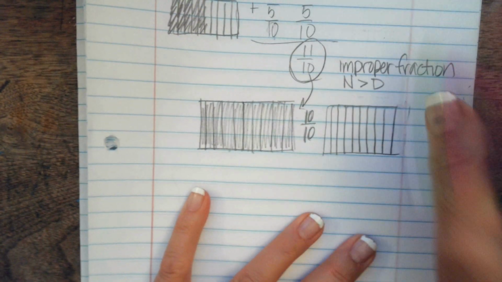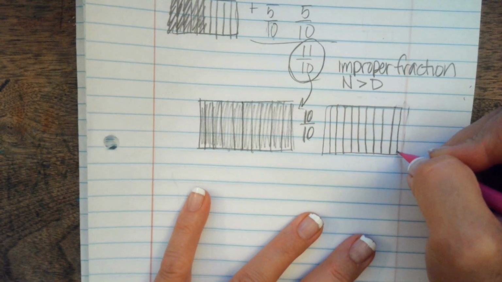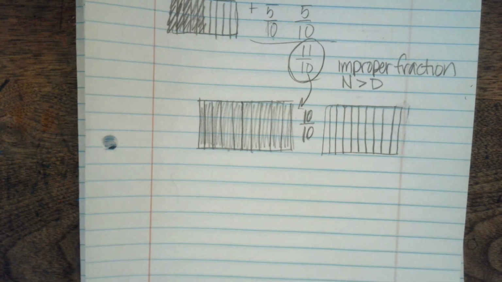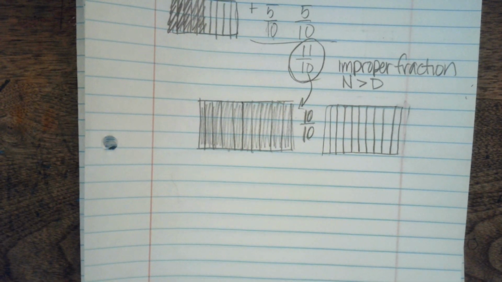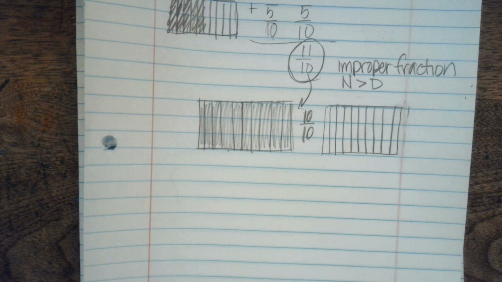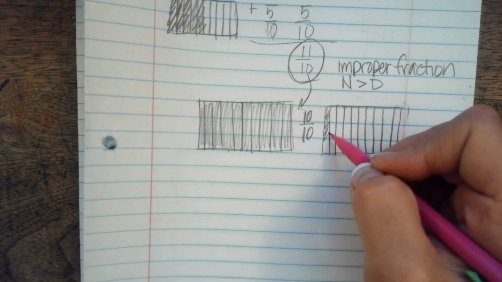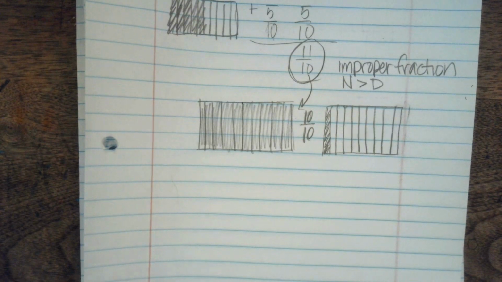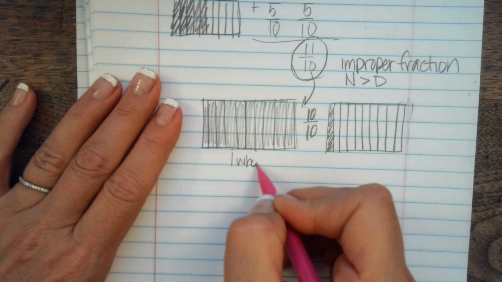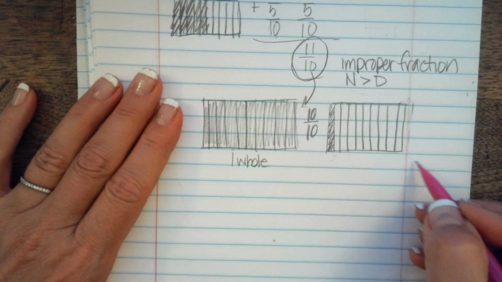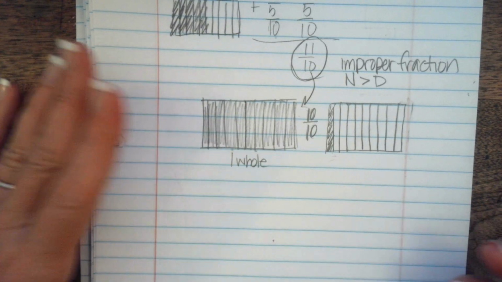So I have to make a whole nother square, and I have to split it into 10 pieces. And then how many of those would I fill in for my second box? 1. Yeah. So a mixed number means that you have one whole and then some other, or 2 wholes, or 5 wholes, or 7 wholes, or whatever.